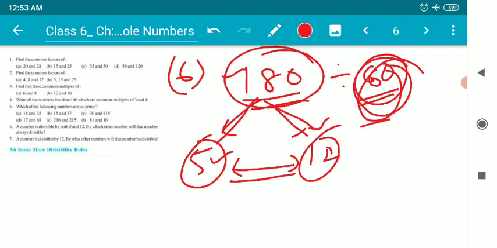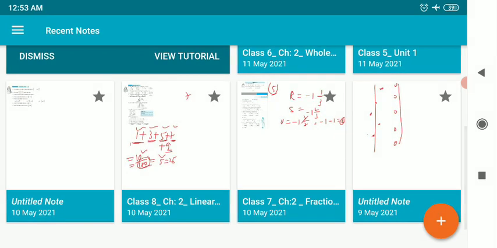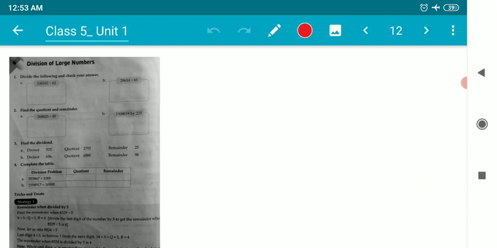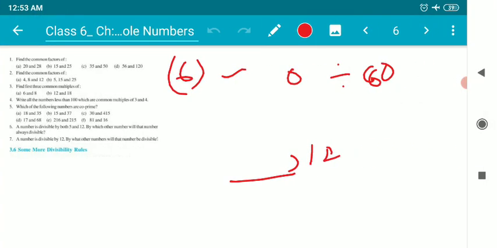So let us talk about question number 7, children. Suppose a number is divisible by 12. By what other numbers will that number be divisible?